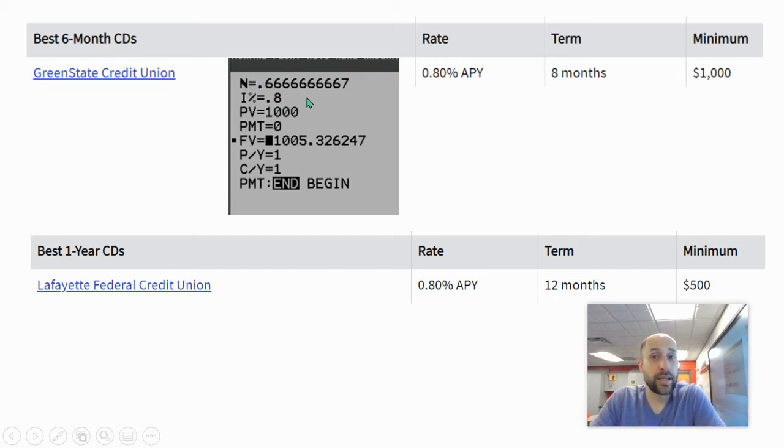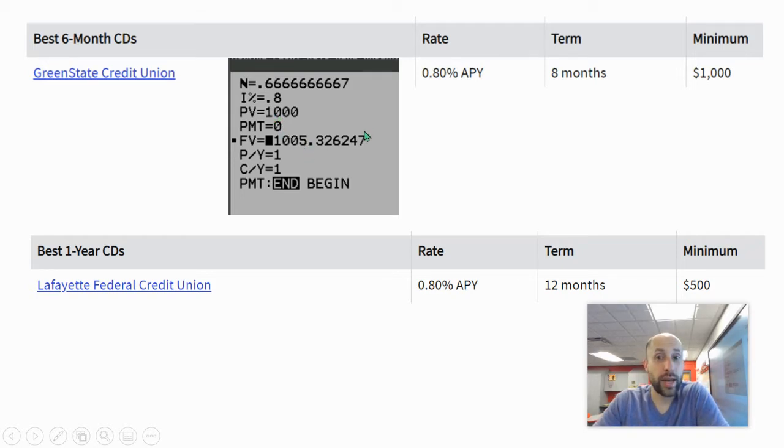N in this case, so 8 months is 0.6 repeating, or 2/3 of a year. So 0.67, and so on. You could just type in 2/3 here, and it would spit out that decimal. The interest rate, the present value, the amount that you're allowing them to borrow from you.